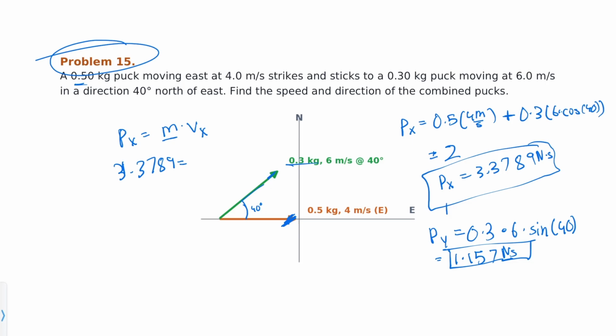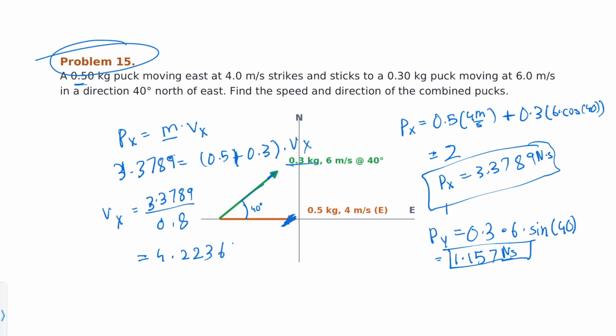So they're both going to have a combined total mass of 0.5 plus 0.3 times velocity x, which we're trying to find out, so we obviously don't know that yet. Velocity x is just going to be 3.3789 divided by 0.8, which is 4.2236 meters per second, velocity x.